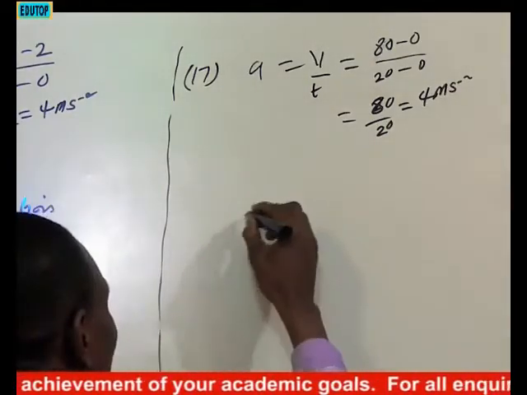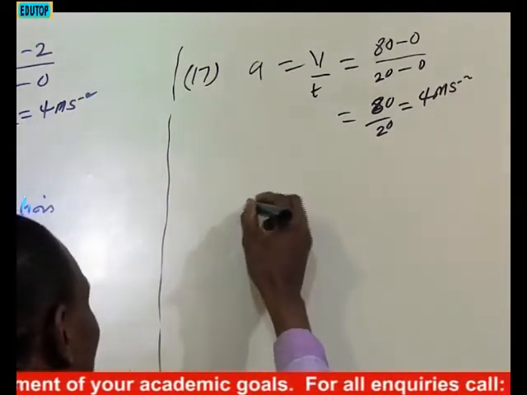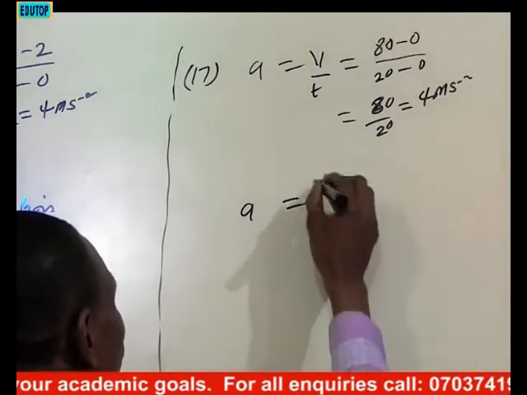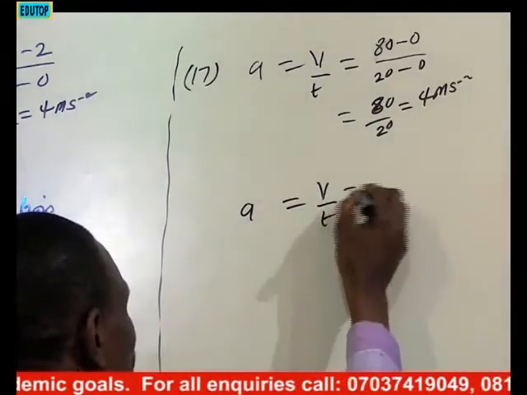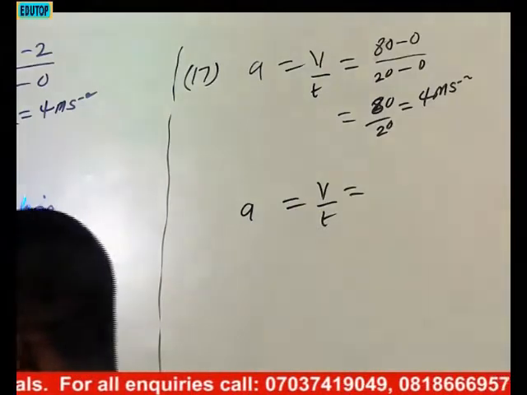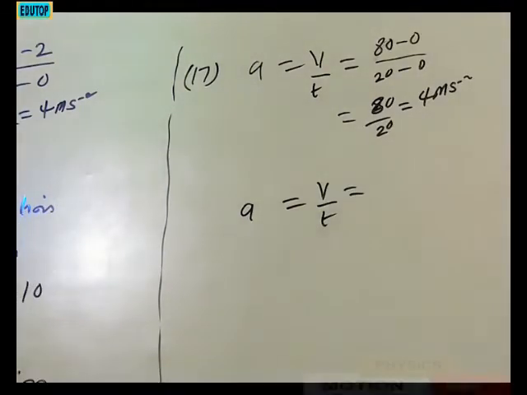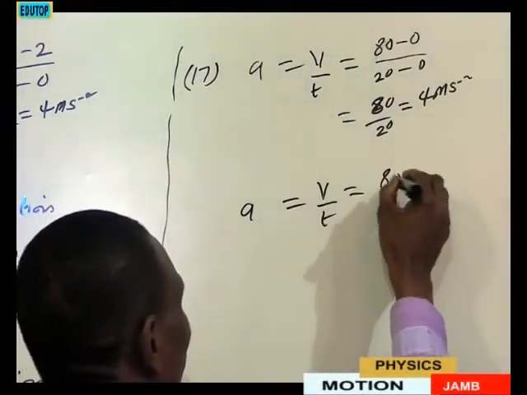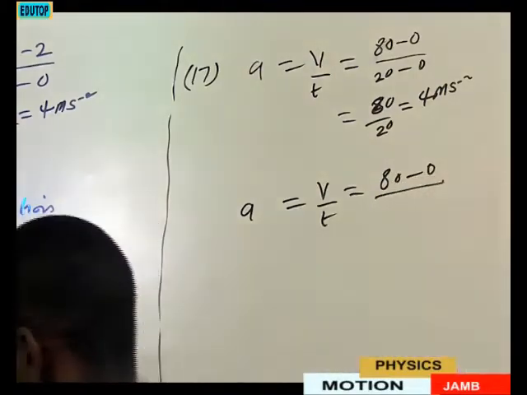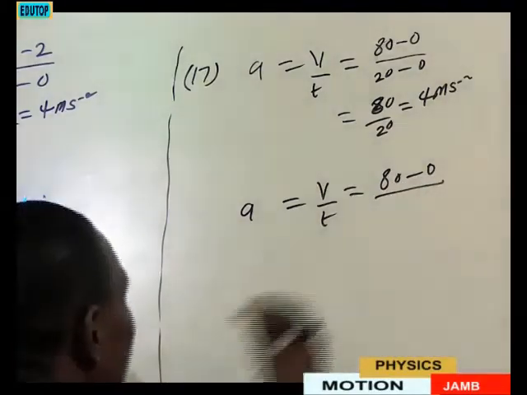For retardation a, which is the negative of acceleration, it still be equal to velocity over time. But in this case, we are still going to have our 80 and 0 for velocity. 80 minus 0, then the time will be in between 90 and 50.